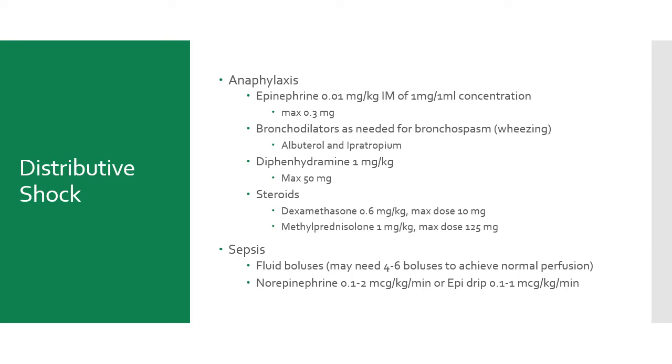We can also use vasopressors like norepinephrine and epinephrine for their alpha effects to help decrease that capillary leak and to increase blood pressure. Norepinephrine is 0.1 to 2 micrograms per kilogram per minute, or you could do an epi drip at 0.1 to 1 micrograms per kilogram per minute.